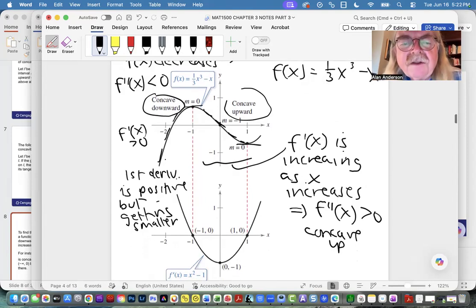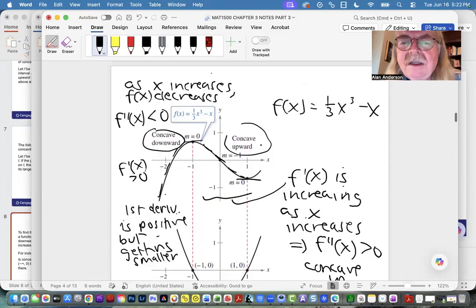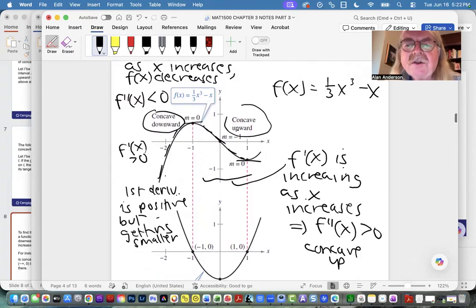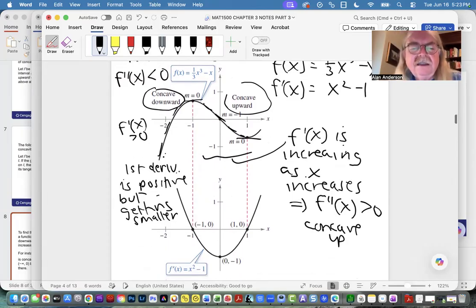Now, if you notice what they did down here, I'm not sure how helpful this really is, but they took the graph of the first derivative of this function. And what they'd like you to see is that while the function is concave down, you see how the first derivative is shrinking.